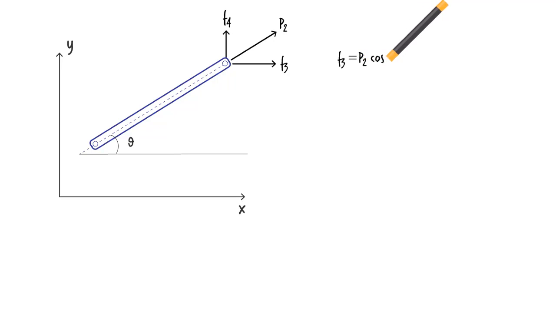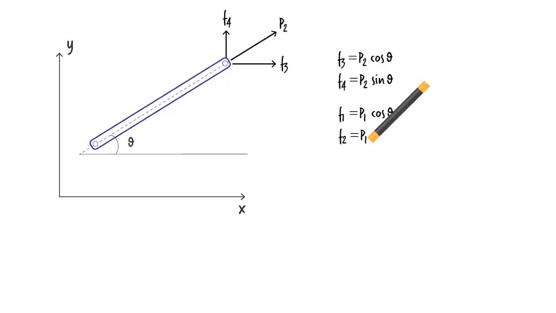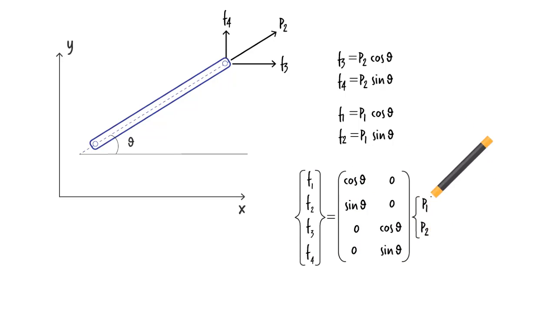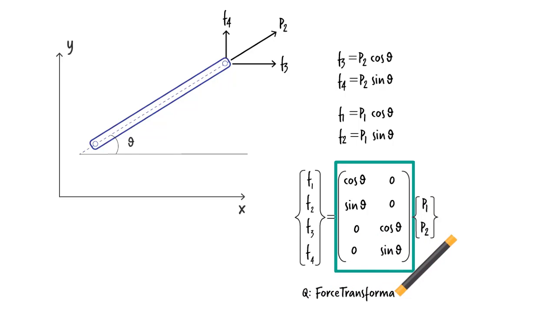Therefore, similar equations can be written for the other end of the member. That is, in matrix form, these equations become: let's label this matrix Q and call it the force transformation matrix.